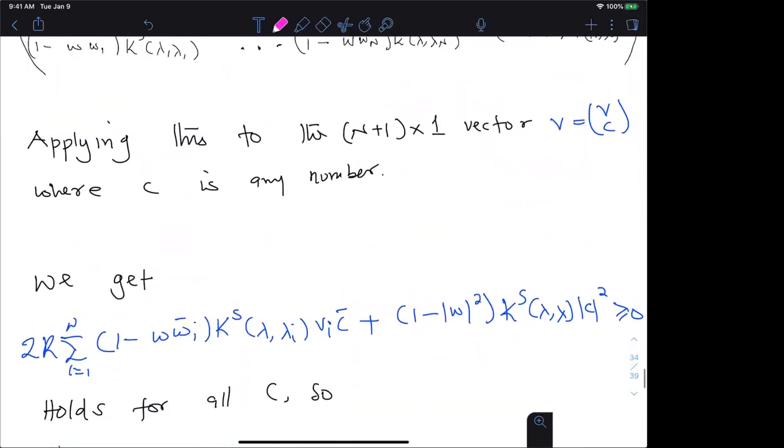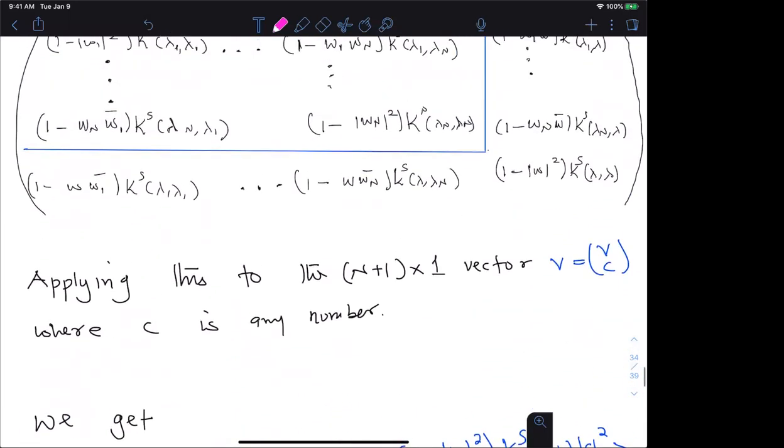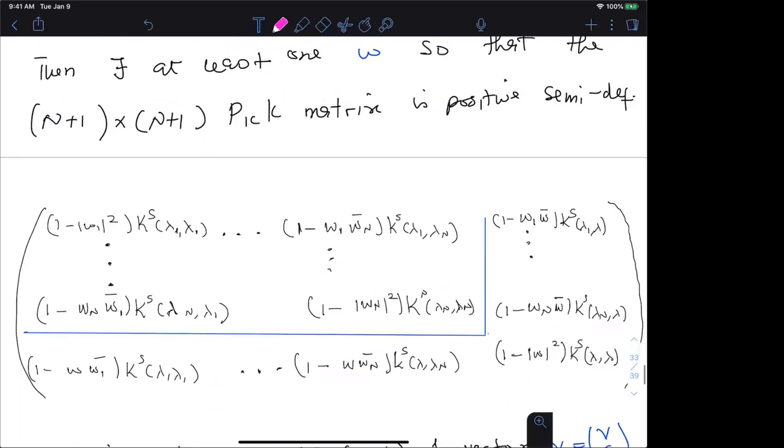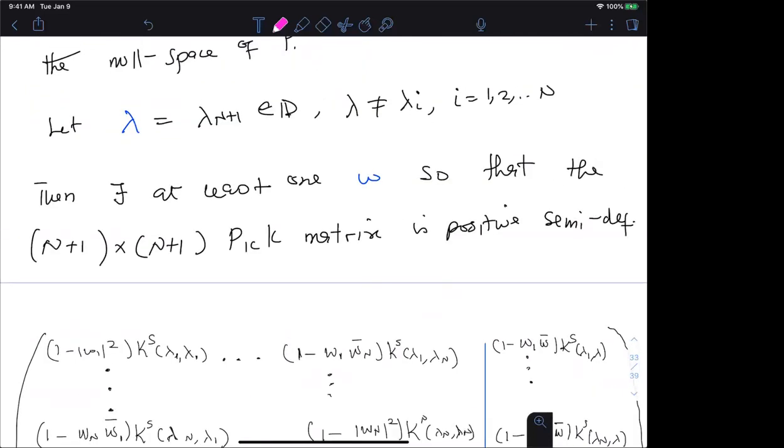Okay, so bear in mind, here we are talking about the extremal case. The assumption is that the Pick matrix is already positive semi-definite because we have an interpolating function that has a modulus of 1, a norm of 1. Now he takes lambda to be any point outside of the given data points, and he takes a non-zero vector in the null space of the Pick matrix, which is already positive semi-definite.